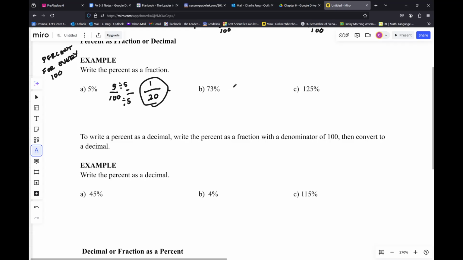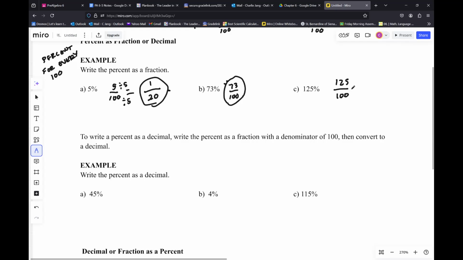What about 73%? Well, that would be 73 over 100. And the question is, can I simplify this? And the answer is no, I cannot simplify it. 73 is a prime number, so this is what it is. What about 125%? Well, that is 125 over 100. And it doesn't matter if the numerator is bigger than the denominator. It's fine. We can write it like that.